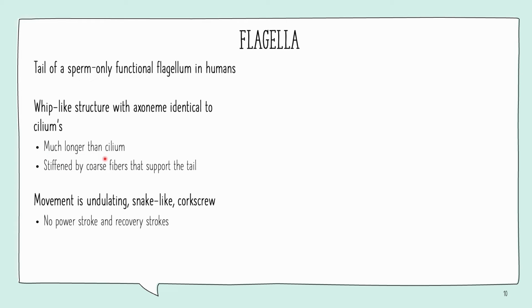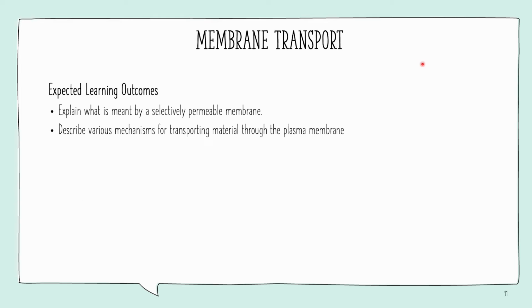They're longer than cilia, and they're stiffened by coarse fibers that support the tail. Their movement is undulating, snake-like, corkscrew. There's no power stroke or anything; they just move. That's for the flagella. You can find them in some bacteria, but not in humans. But they do exist.